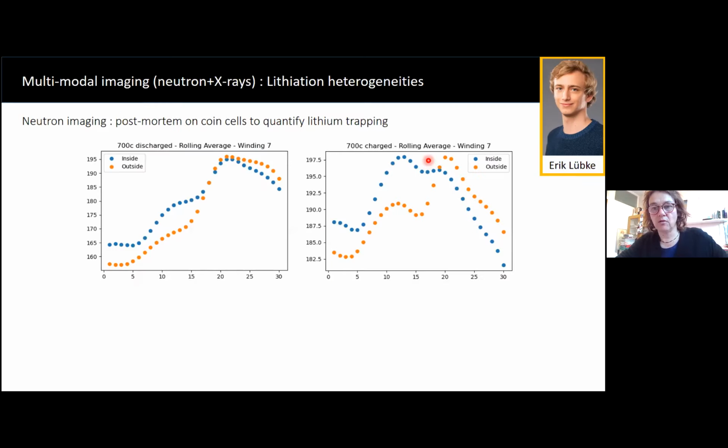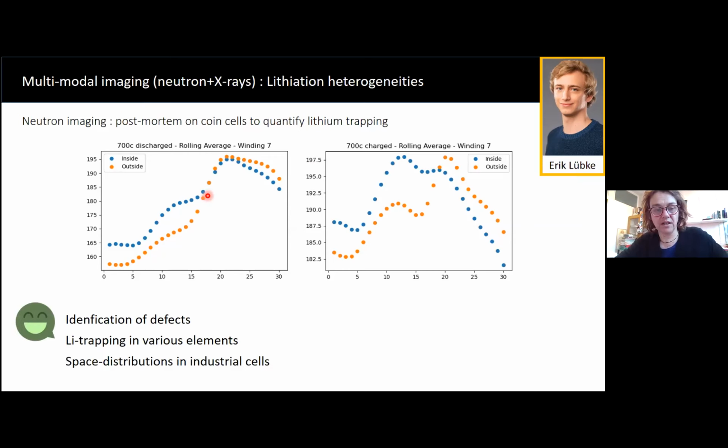You can quantitatively look at that by doing some slicing in this data, and you get some profiles on the two cells at different locations in the cell. And of course, the attenuation is proportional to the amount of lithium you have in your cell. So this is a very nice technique. You can really identify defects after long-term aging.